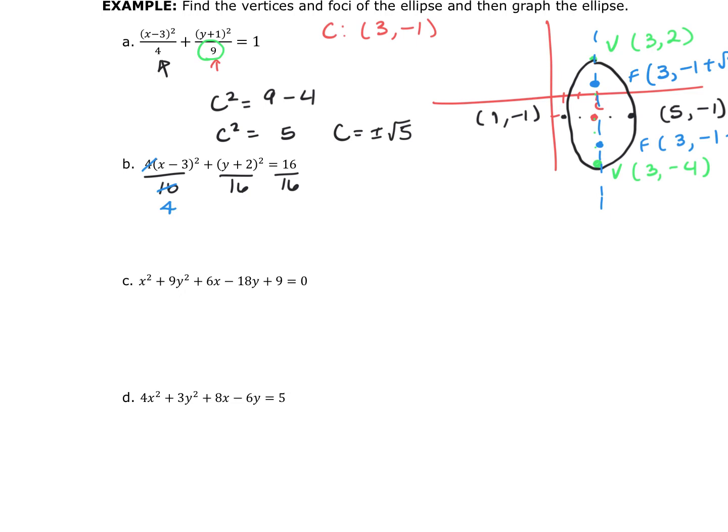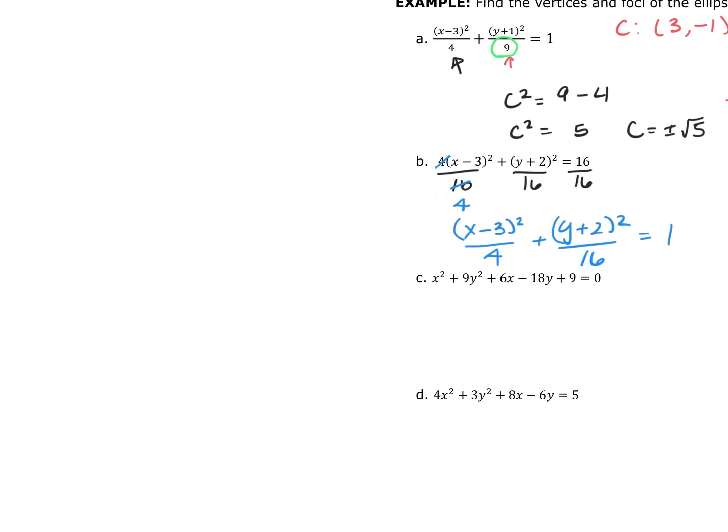So now it's in the correct form. So I have x minus 3, the quantity squared over 4, plus y plus 2, the quantity squared over 16, is equal to 1.